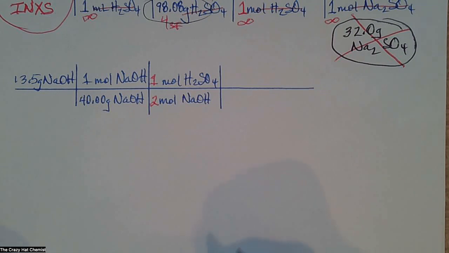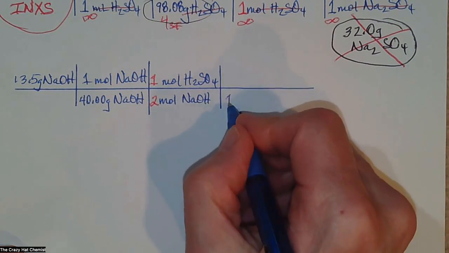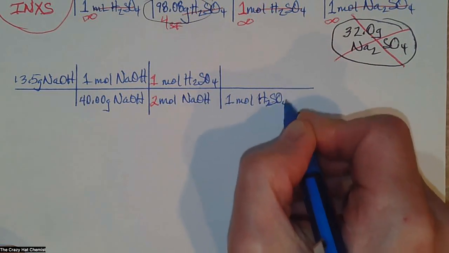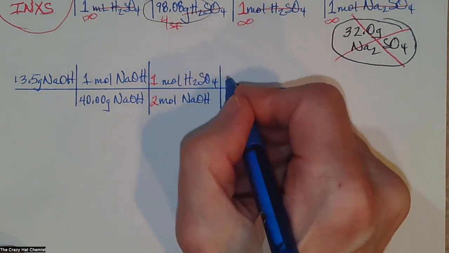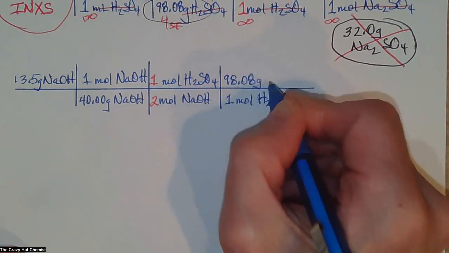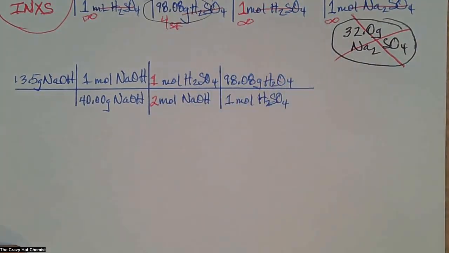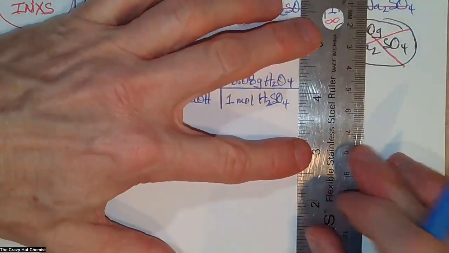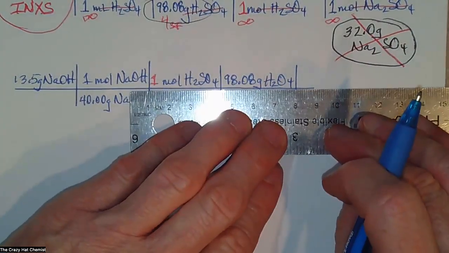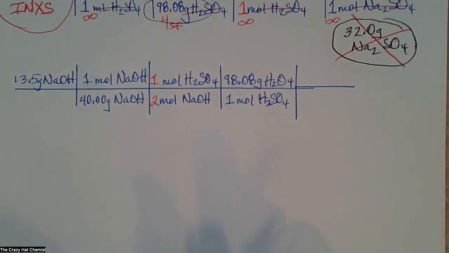Now I am going to go from moles of sulfuric acid to grams, and that's 1 mole of H2SO4 to the molar mass. And again, we have already previously calculated the molar mass for sulfuric acid. That is 98.08 grams of H2SO4. The question is actually asking, what is the volume in milliliters that is unreacted?